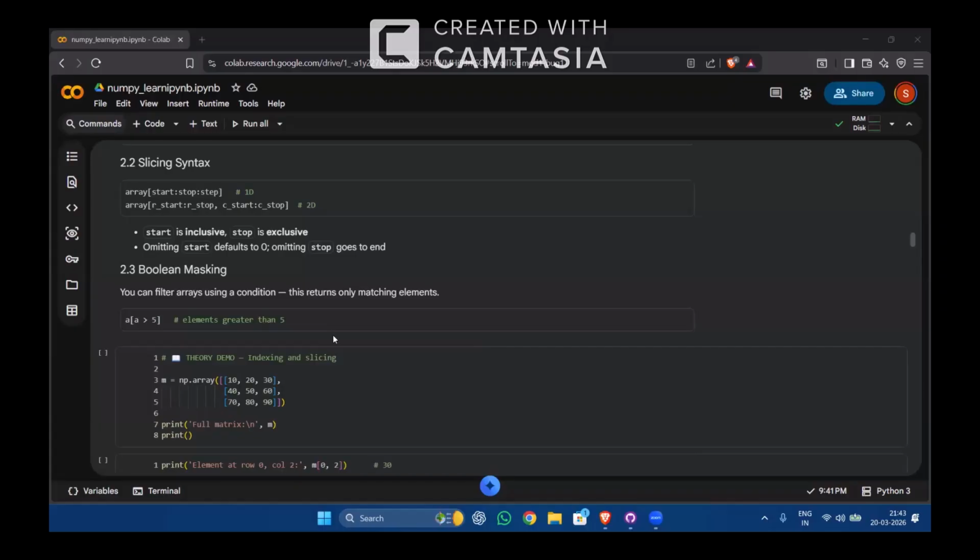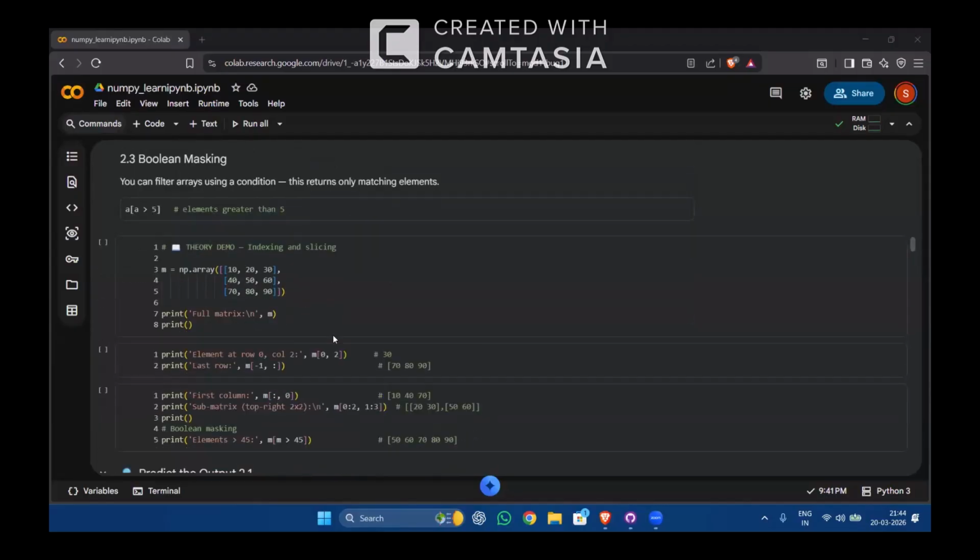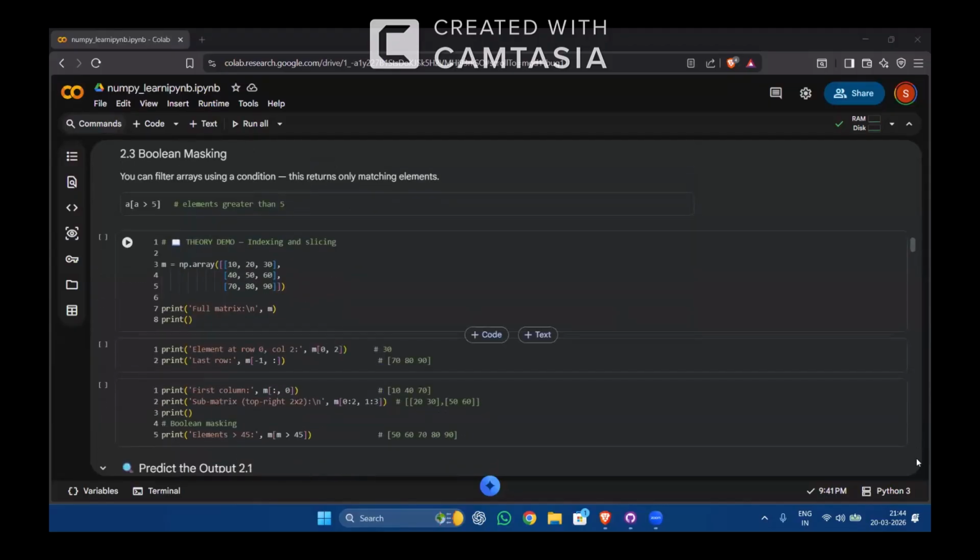You can use the same thing for a two-dimensional array, for rows as well as columns. And again, Boolean masking is also there. If A greater than 5, then all elements greater than 5 will be retrieved. So now we can try out the code.